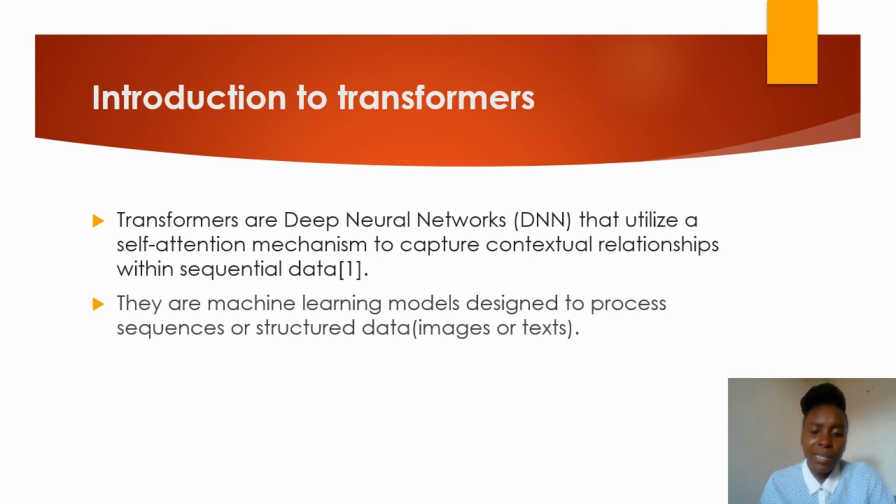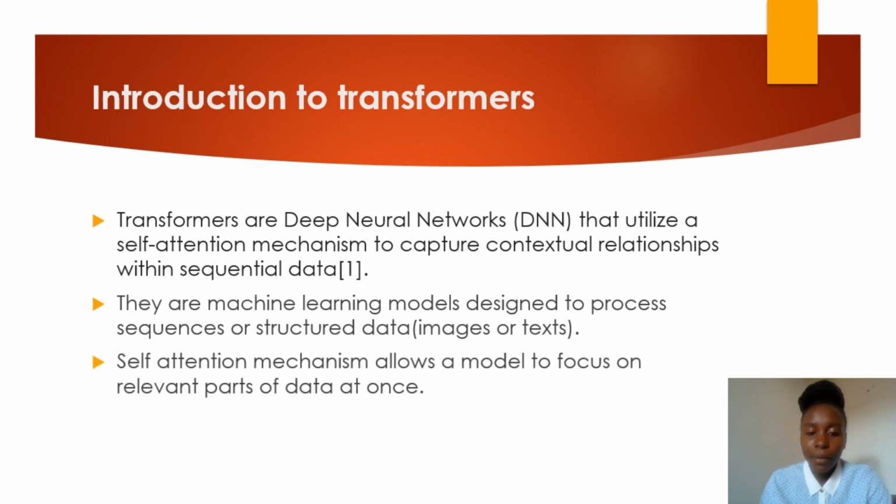The keyword in this definition, the self-attention mechanism, is where the model focuses on the important parts of the data at once. Transformers use this mechanism to focus on the relevant parts of data at the same time, in parallel.